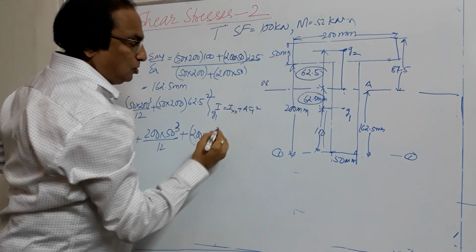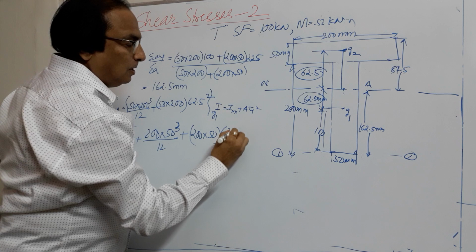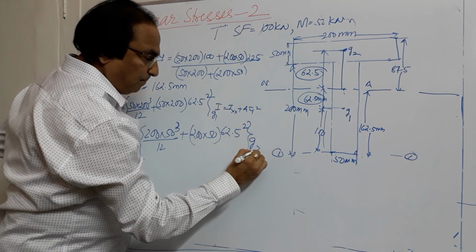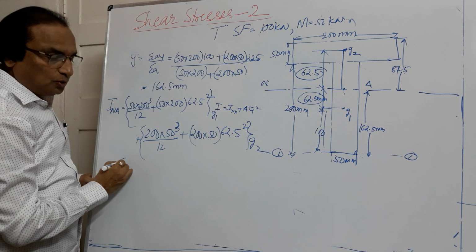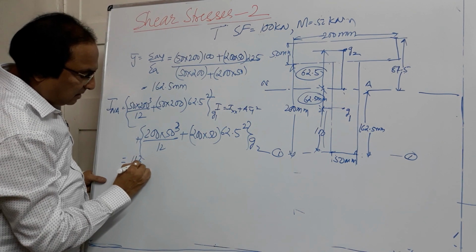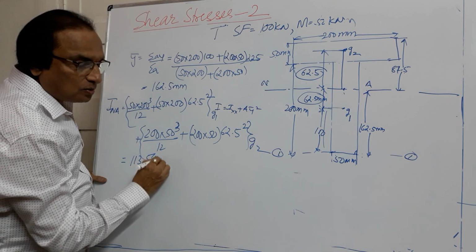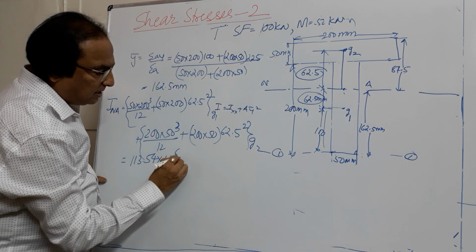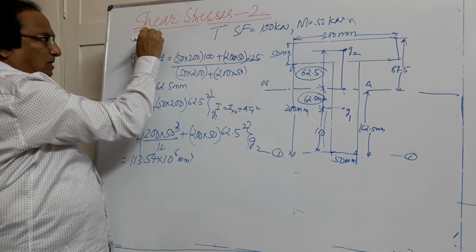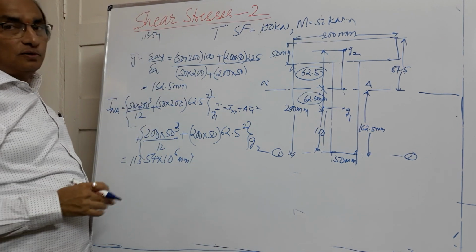This is 62.5 square of that. This is for the component G2. If you simplify this, you get moment of inertia about neutral axis as 113.54 into 10 to the power of 6 mm raised to 4. So this is the moment of inertia what you get about the neutral axis.